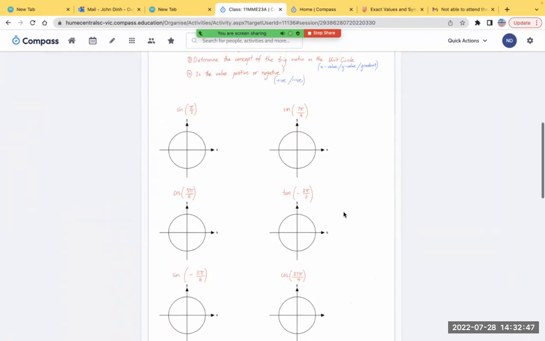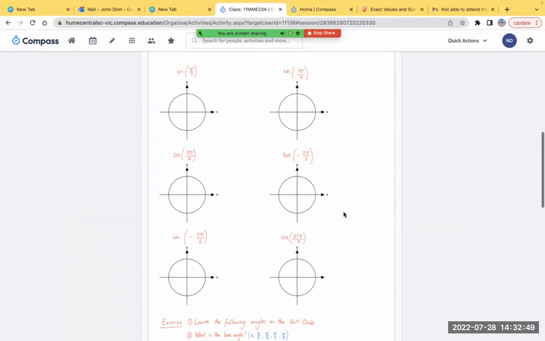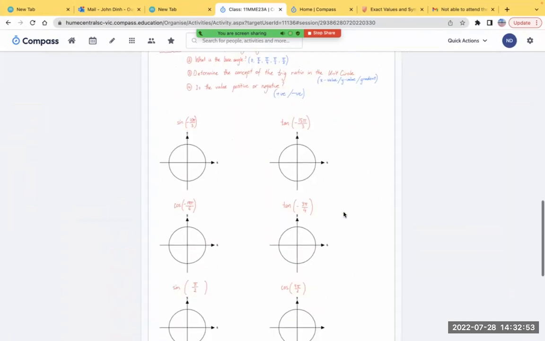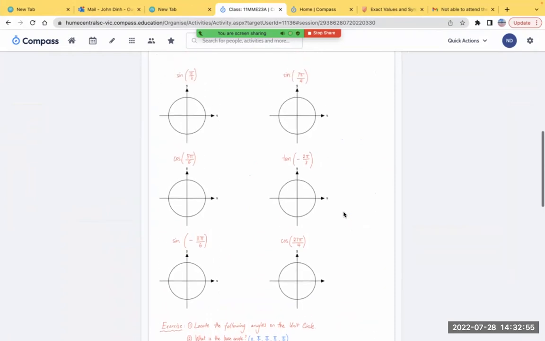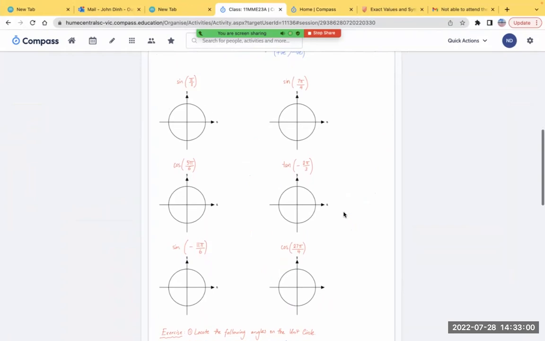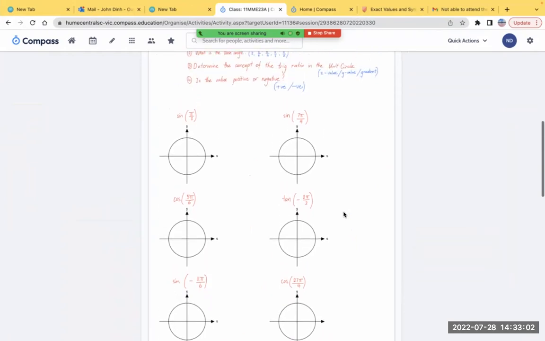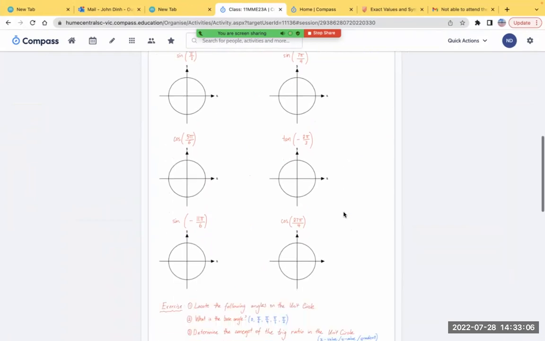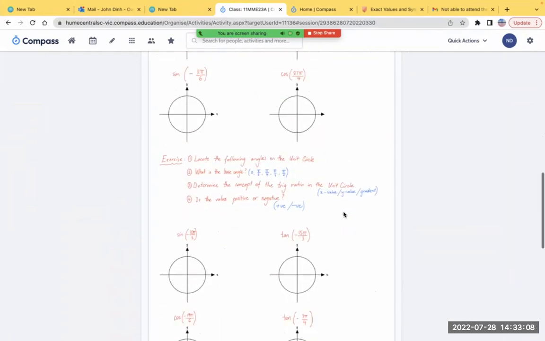What I'd like you to do is hop on to Compass and draw these out. And we'll probably finish up here for today in terms of the lesson, right? We're going to finish off with this exercise here to just basically summarize everything that I've taught so far.